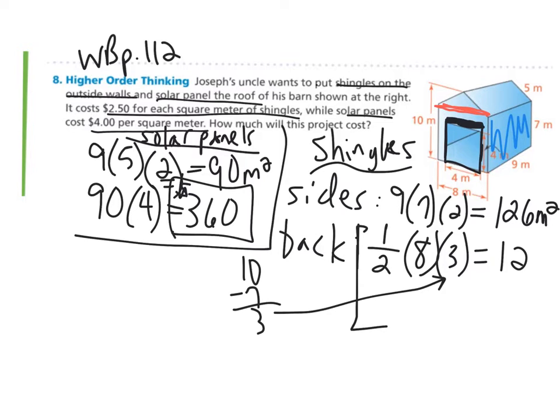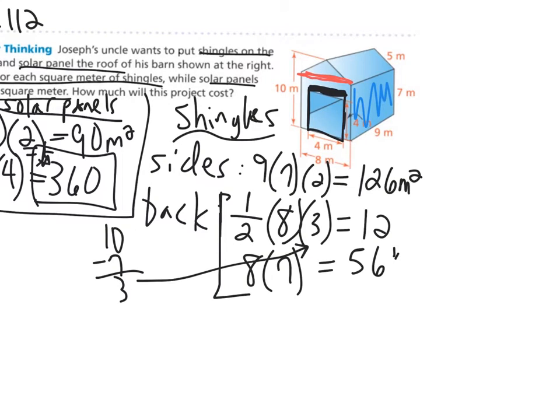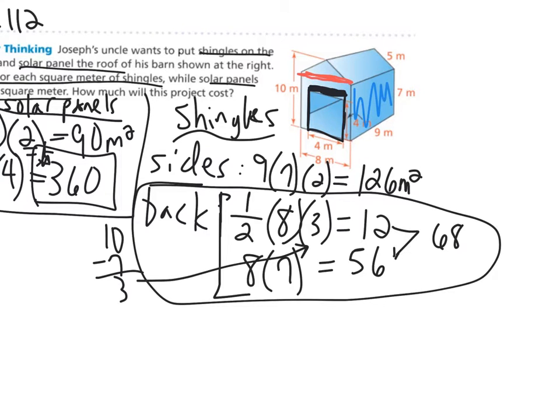At the bottom would be 8 by 7, which would be 56. So if you think about that all together, that means the back would have an area of 68. 68, combining those two together. Does that make sense? Okay, so for the back, 68 is all that.